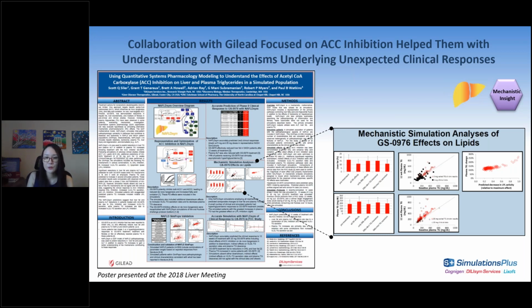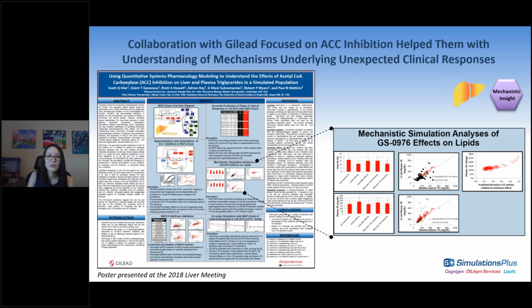However, in a subset of treated patients, some unexpected increase in liver triglycerides was observed. So QSP modeling was used to test hypotheses about the potential impact of indirect effects of ACC inhibition that could have contributed to this unexpected outcome.